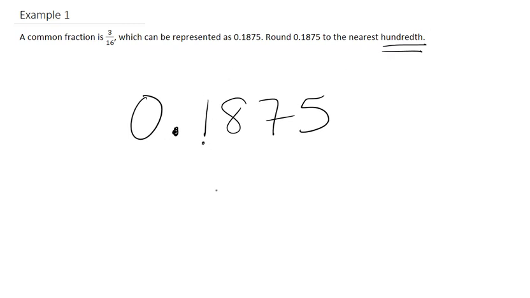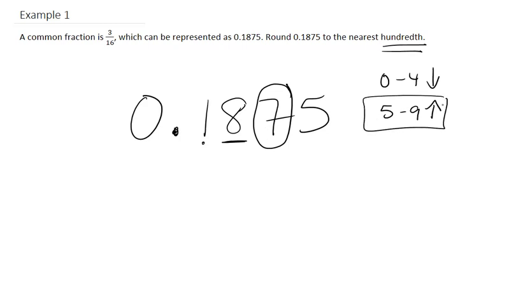So we have tenths, and then we just have hundredths. So we're looking at the 8 to be either rounded up or down. Now when we determine if it goes up or down, we look to the digit to the right, like we've done before, and we see if it's between 0 to 4, we're going to round down. Between 5 to 9, we round up. As it's a 7, it's between 5 to 9, so we're going to go ahead and round up.